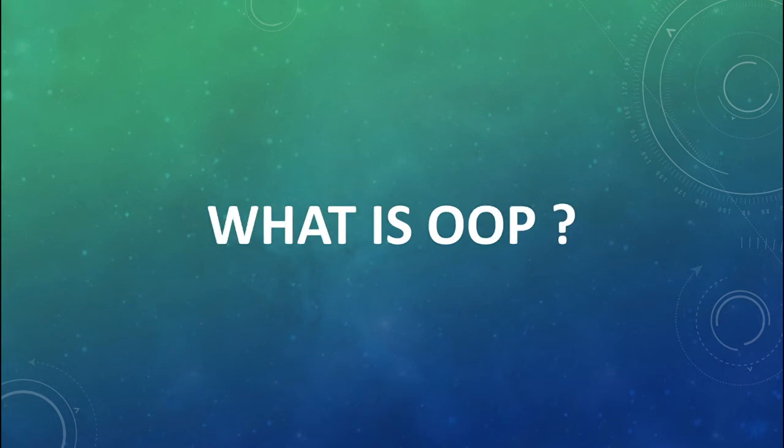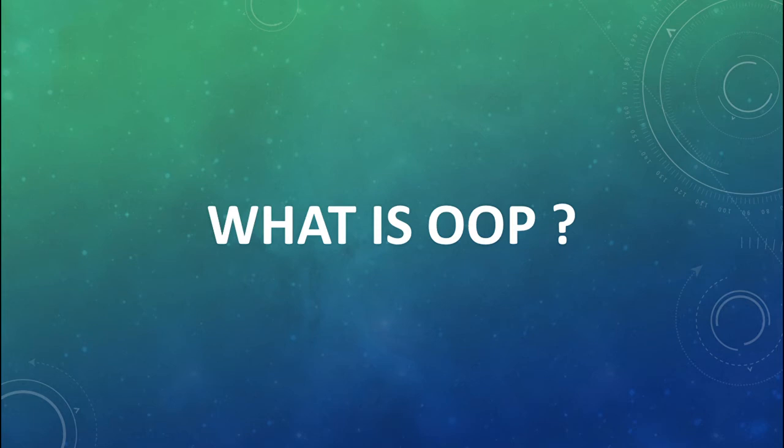So, what is OOPS? Object-oriented programming is a method of implementation, a language in which everything is represented in the form of objects. It's called an object-oriented programming language.